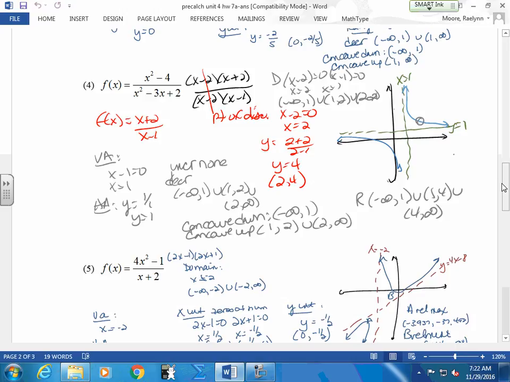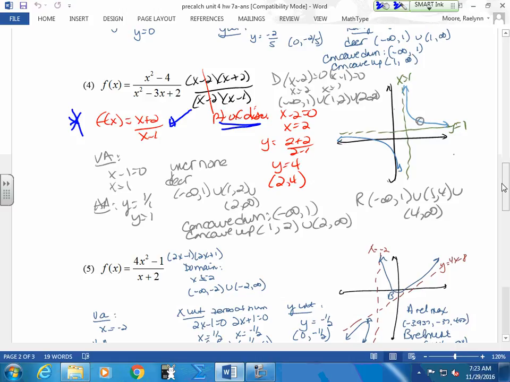Factor everything. Before you reduce anything, find your domain restriction. Take out everything from your denominator. Once you factor, give it to me in a reduced format. This is what you're going to use after this. And again, find your point of discontinuity. Label it somewhere, because sometimes you don't go back to it since you don't see it on the graph. So make sure you go back to your point of discontinuity.